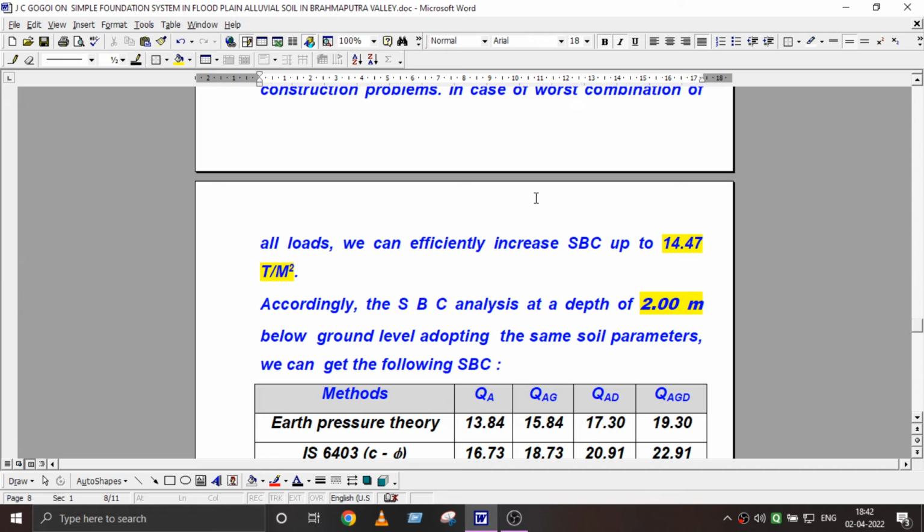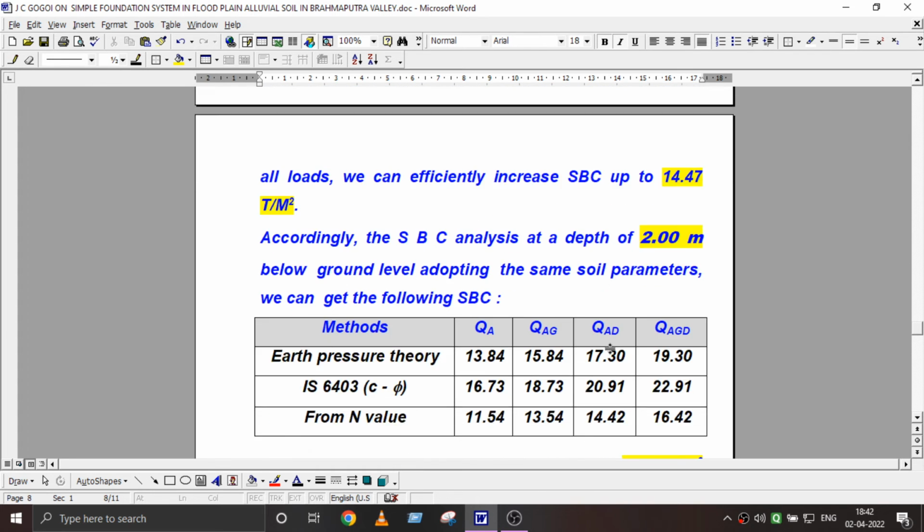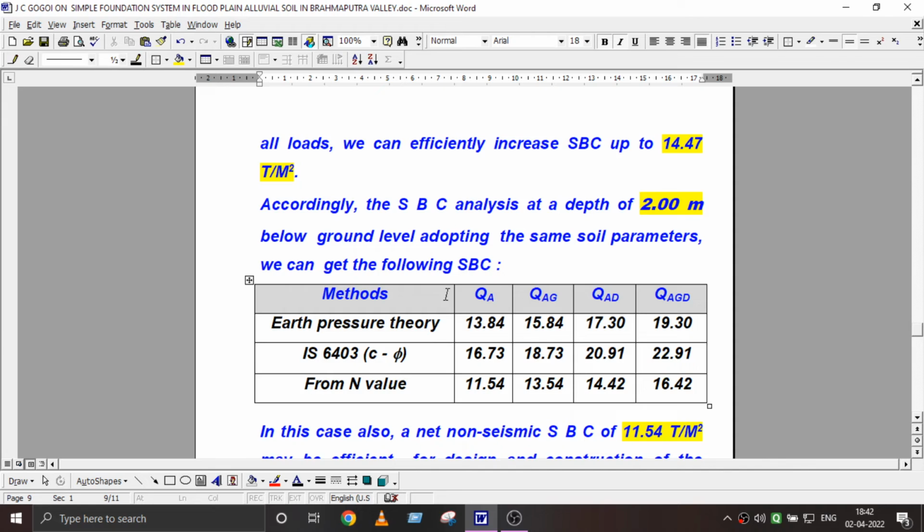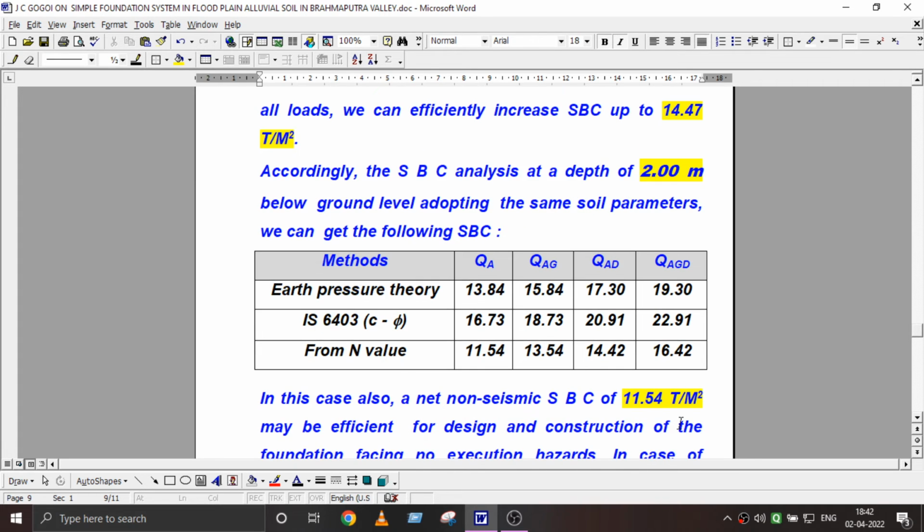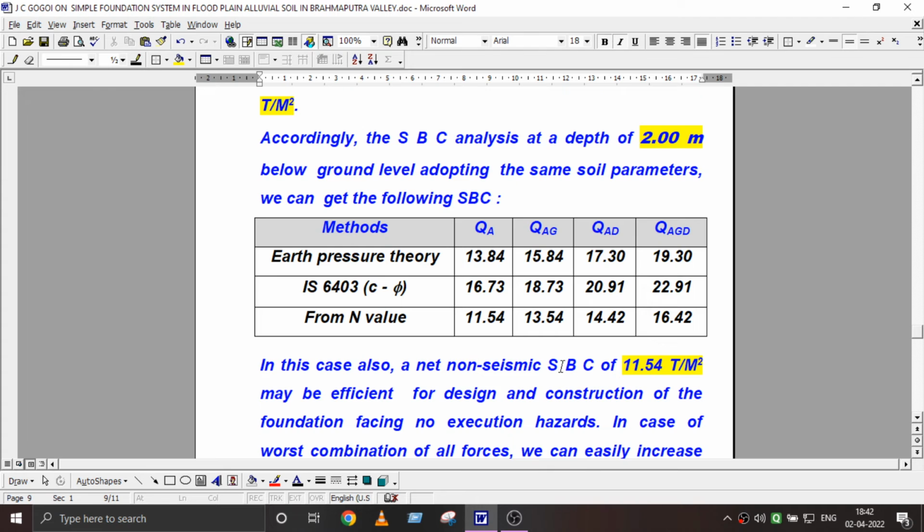Accordingly, I have calculated the SBC at a depth of 2 meters using the same parameters and same equation. In this case, 11.54 ton per meter square is the minimum. So in this case also, we can efficiently provide the foundation at a depth of 2 meters, adopting an SBC of 11.54 ton per meter square.